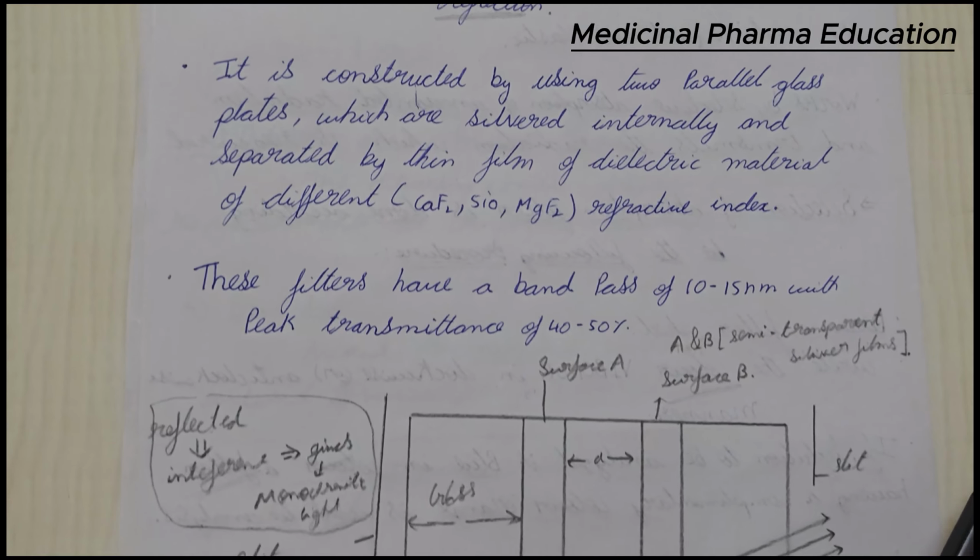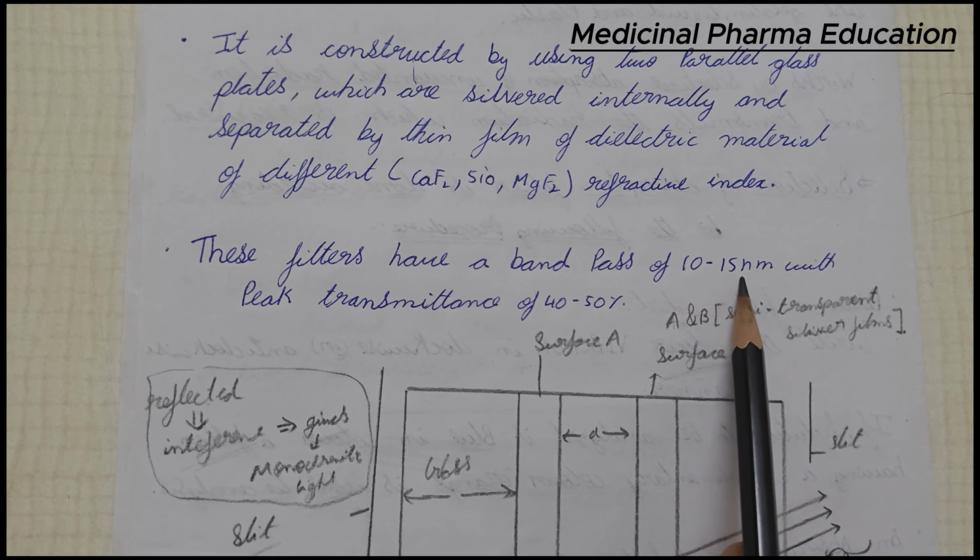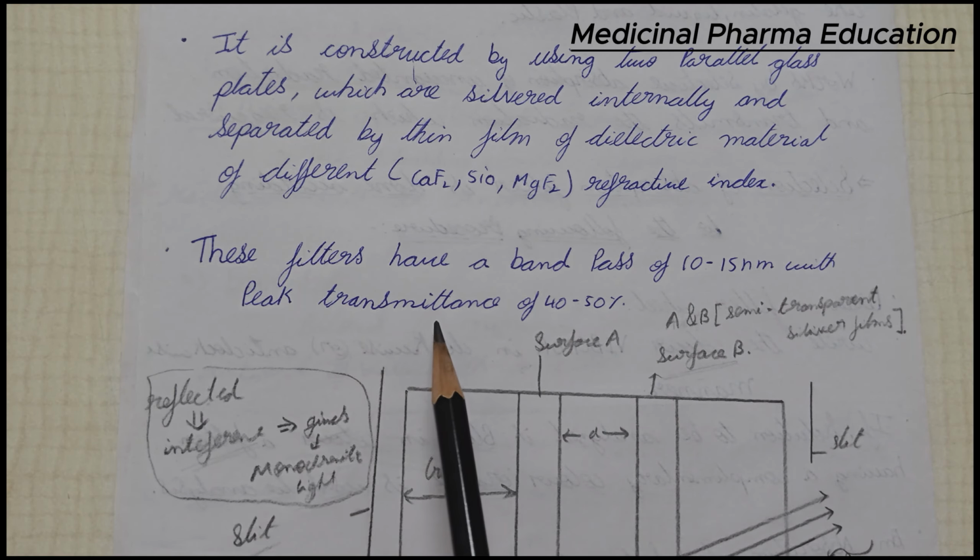The filters have a band pass of 10 to 15 nanometer with peak transmittance of 40 to 50%.